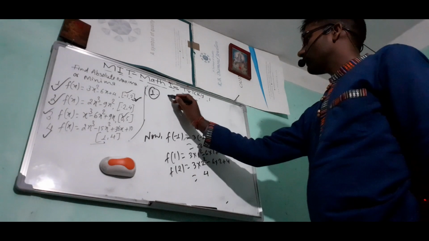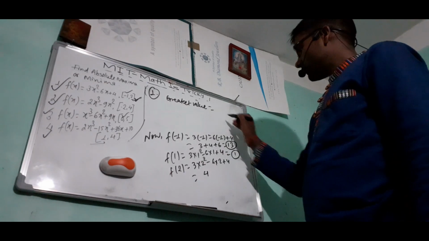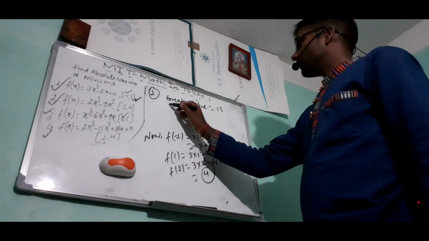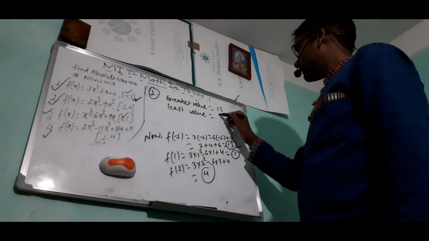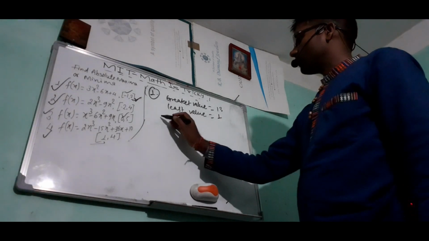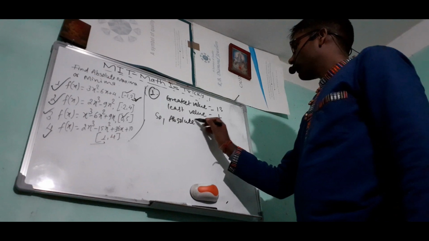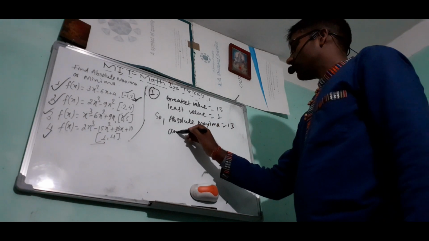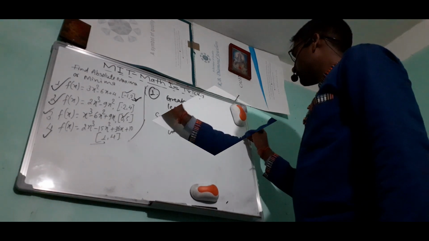We can write here: the greatest value, which one is greatest? 13. And the least value is how much? 1. So we can write our absolute maxima equals 13 and absolute minima equals 1.